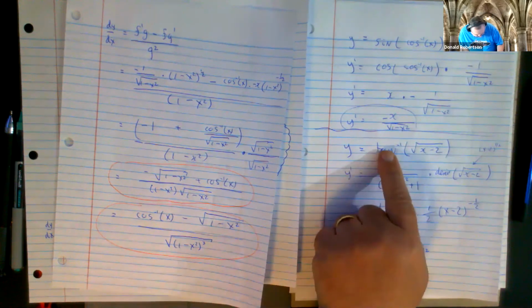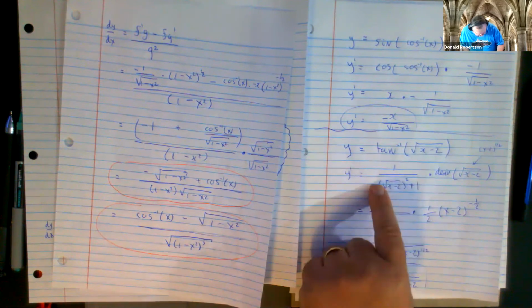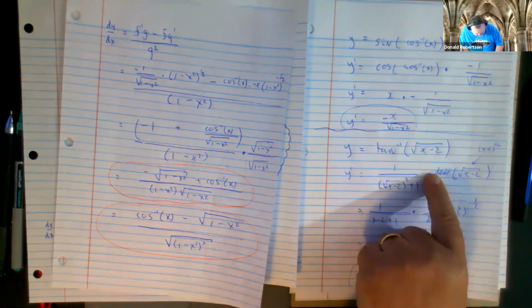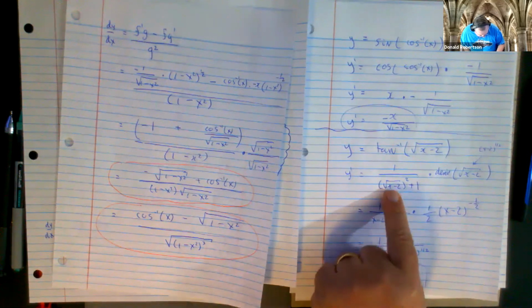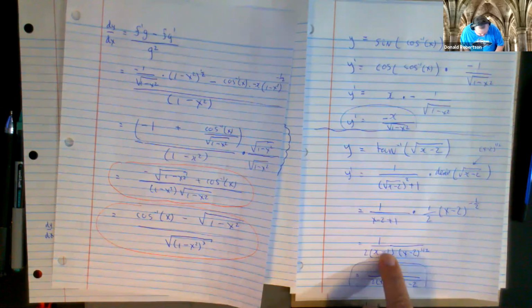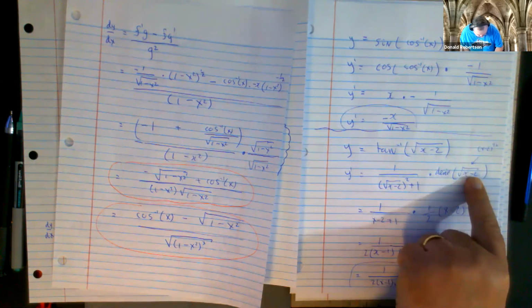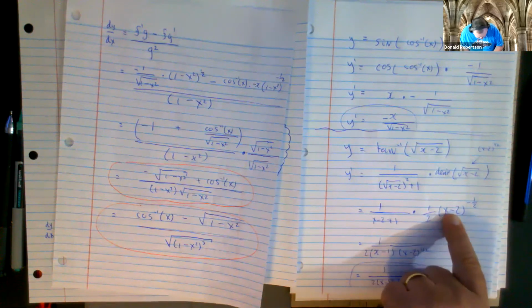The derivative of the inverse tan of this square root is 1 over the square root squared plus 1 multiplied by the derivative of the square root. You square that, you get x minus 2, then you add 1. So that's where that came from. If you differentiate this, well, first you turn it into a half power. You get a half, this guy to negative a half.